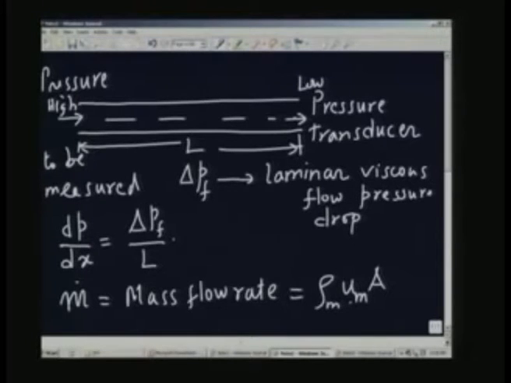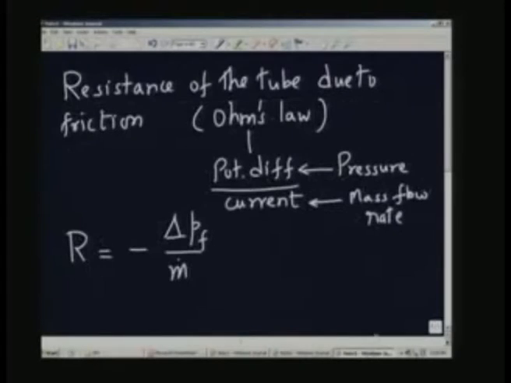So, I am going to substitute here, and then number 3 I am going to substitute delta P f by m dot and obtain the resistance. So, I will just give the expression.